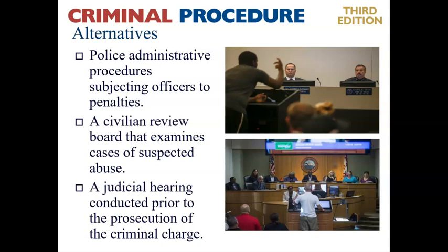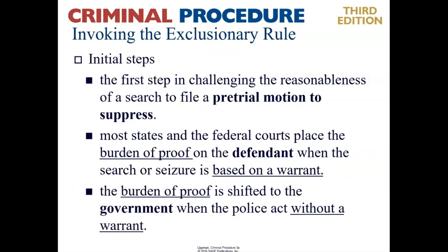Or finally, maybe a judicial hearing conducted prior to the prosecution of the criminal charge, where the judge would be authorized to impose an appropriate penalty ranging from fine or suspension, etc. So these are just all alternatives. And in my own opinion, I think that they're rather harsh, but these things have come up in the overall debate as it relates to the exclusionary rule. So I wanted to make sure that I passed all of that information on to you.